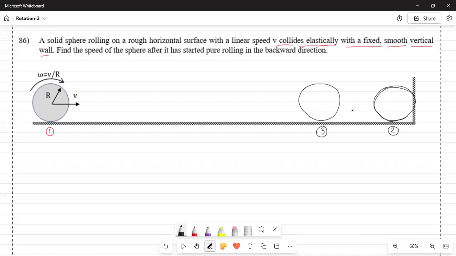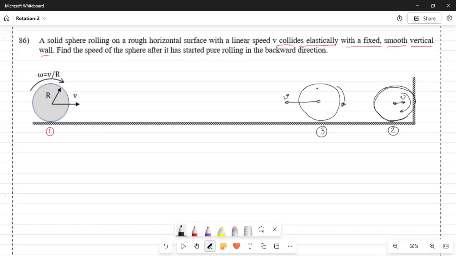Since it's an elastic collision, its center of mass will now have a backward velocity v. And here also it is rotating in a clockwise direction.